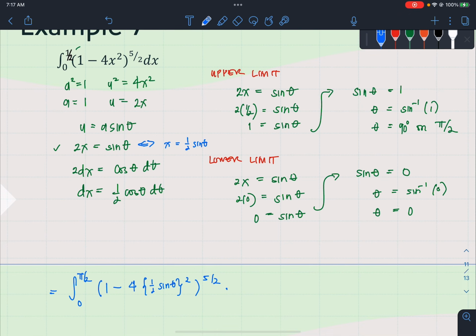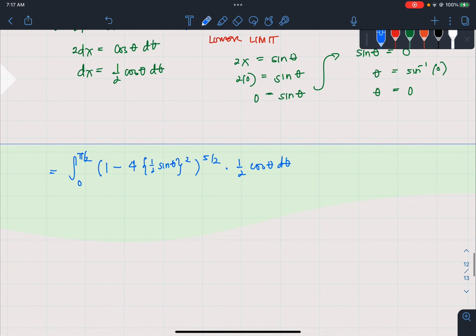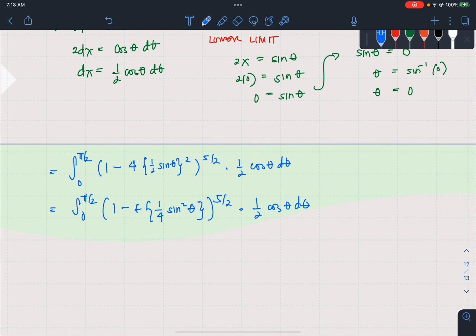Our dx is 1 half cosine theta d theta. From 0 to pi over 2. So 1 half raised to 2 is 1/4, then sine squared theta, raised to 5 over 2, times 1 half cosine theta d theta, from 0 to pi over 2.